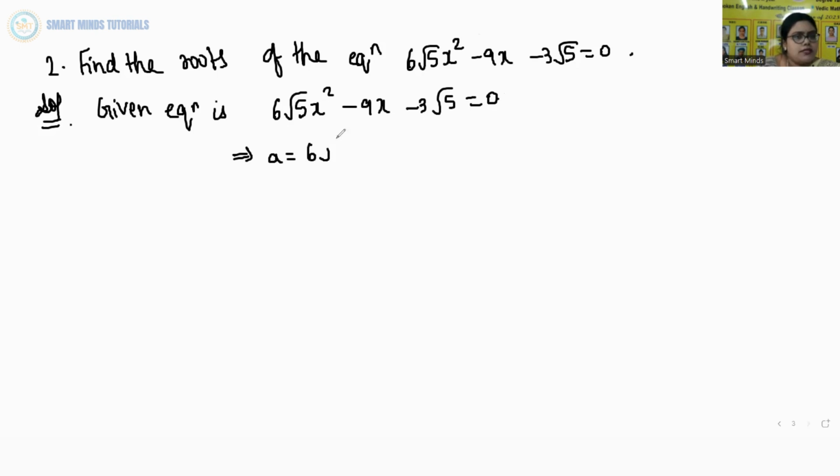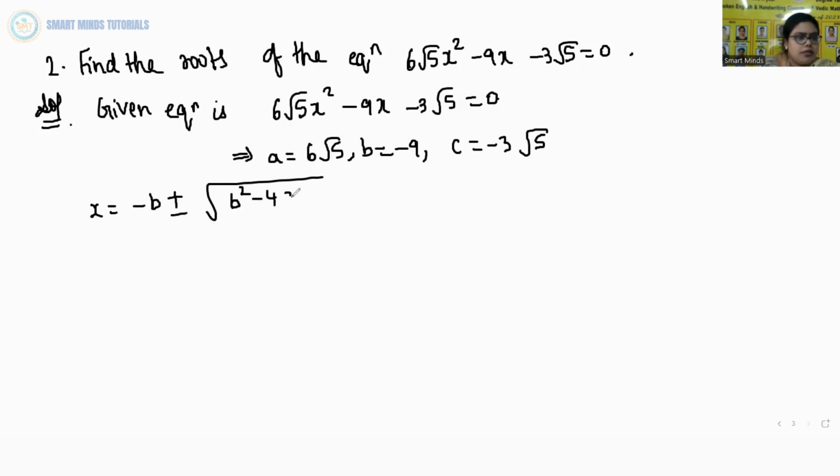So A is 6 root 5, B is minus 9 and C is minus 3 root 5. Okay. So to find the roots of the equation, we need to apply the quadratic formula. So what is the quadratic formula? X is equal to minus b plus or minus root over b square minus 4ac by 2a.